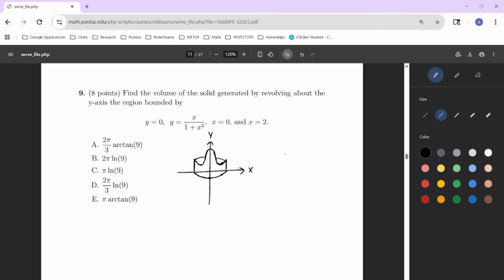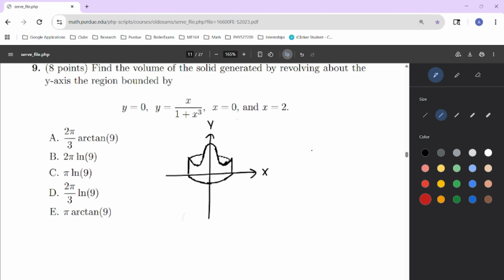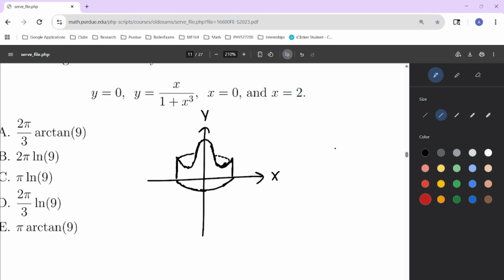Maybe like an air hockey puck thingy, whatever, right? It would look like that. Now, what you may notice is if you try to find the volume of the solid using horizontal disks, this function is impossible to integrate over because you get to a point where you have a break in the horizontal line.